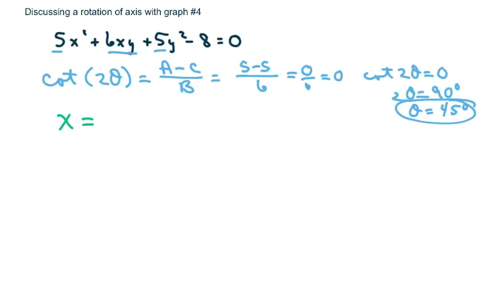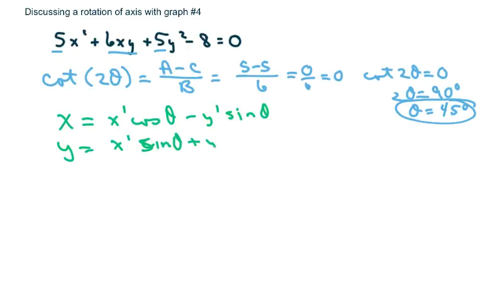So x equals x prime times cosine of 45. I'm going to go ahead and write the formula on this one. So it's x prime cosine of theta minus y prime sine of theta. And y equals x prime sine of theta plus y prime cosine of theta.